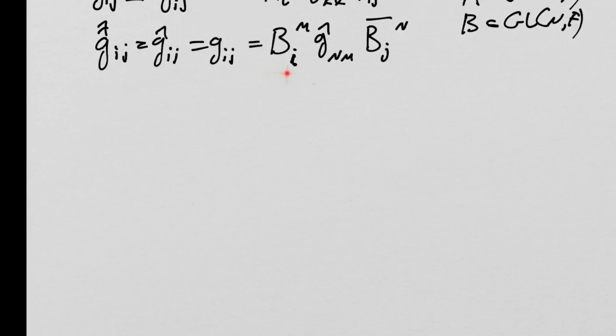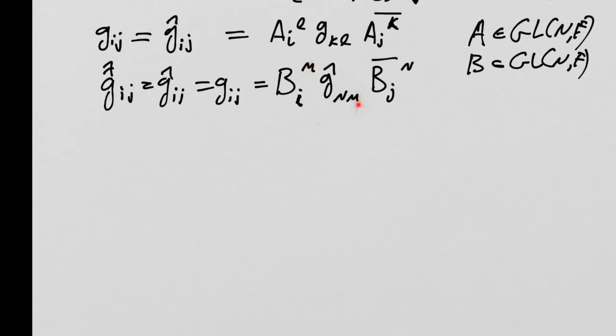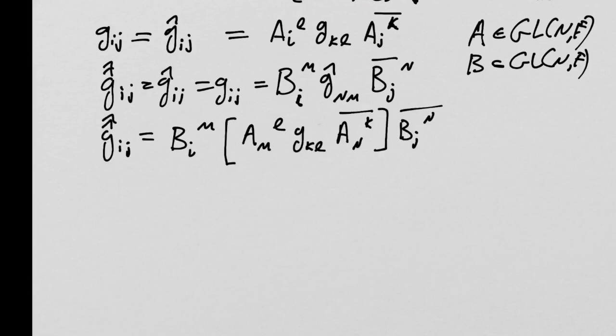So let's see. You have the ij, right? ij matches with ij. You're summing over this second index, you're summing over this first index, and that's correct. Okay, so now I substitute for this. I substitute this expression, and let's see if I got this substitution correctly. I had to change I and J from this one to NM.